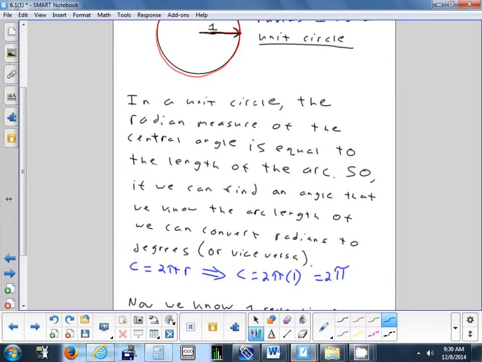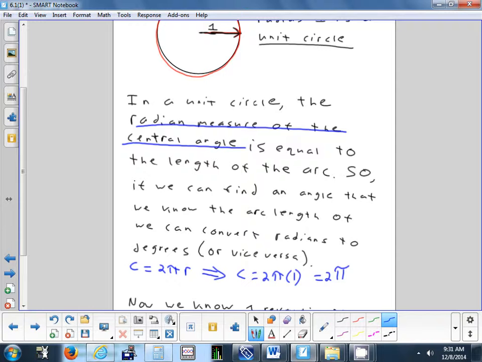That's the circumference. But what did we say earlier up above? The circumference is the same as what, in a unit circle? Remember, the circumference is just an arc. Well, we said that the radian measure of the central angle is the same as the length of the arc.